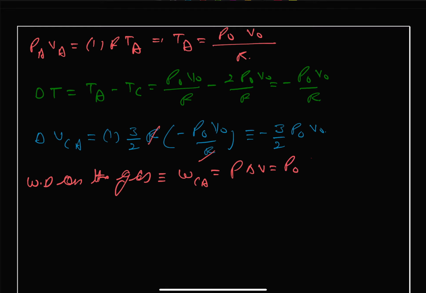Pressure is our P naught, change in volume comes as V naught minus twice V naught. So from here we get that our WCA will be equal to minus P naught V naught.